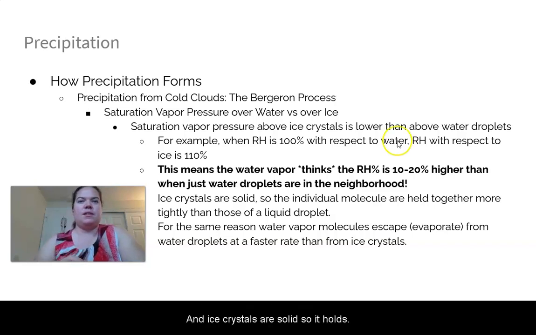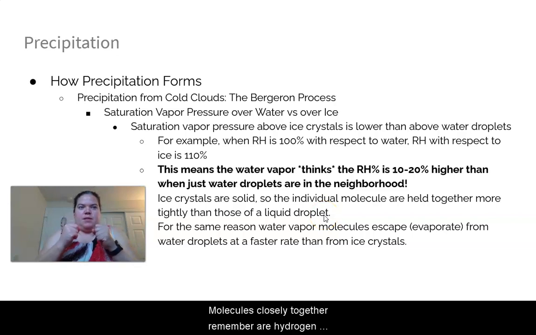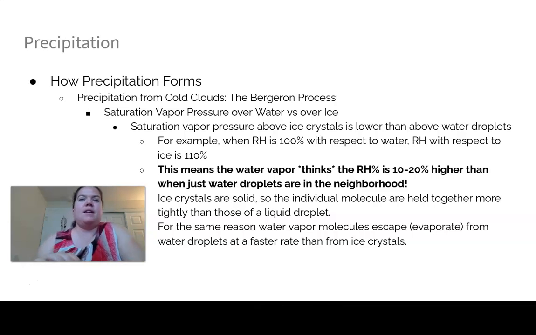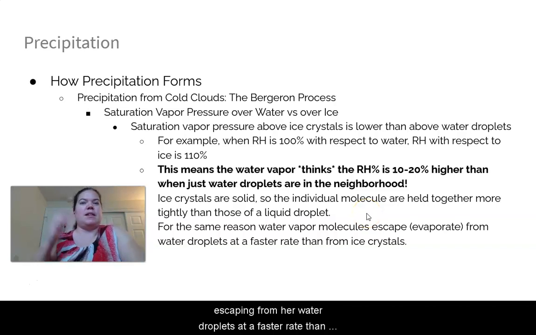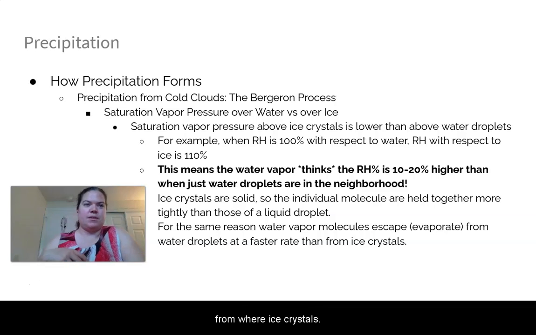And ice crystals are solid, so they hold those molecules closely together. Remember our hydrogen bonds from last time, so they're holding really tightly together. So for that reason, we have the water vapor molecules escaping from our water droplets at a faster rate than from our ice crystals.